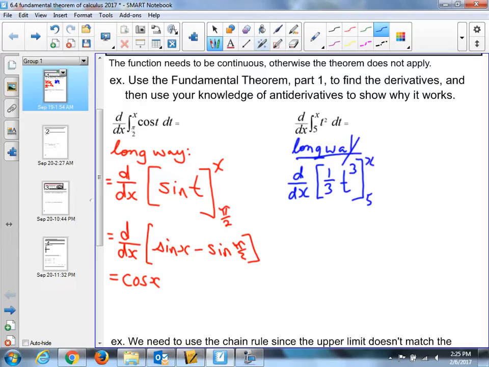I'm just practicing where you place an antiderivative into the bracket. Then I actually do the subtraction, or set it up, I don't actually do it. 1/3 x cubed. I plug in the x, subtract 1/3 times 5 cubed.